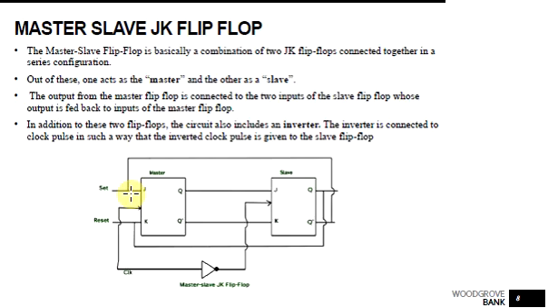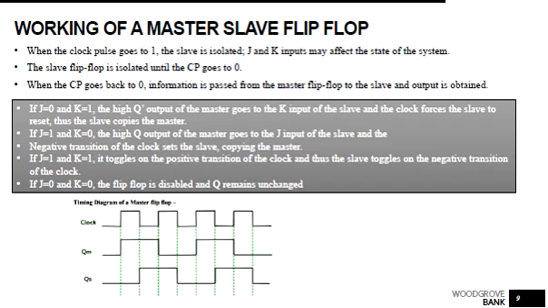So when J is 0 and K is 1, Q bar will be high, which is passed on to the slave. This is high and this is 0, so that generates a reset condition.